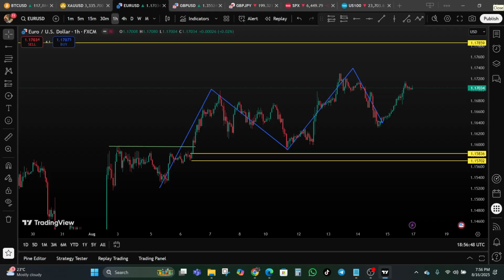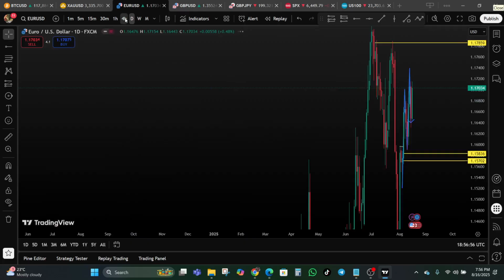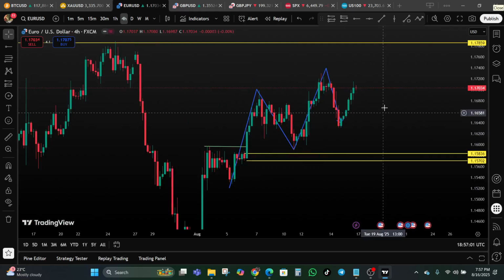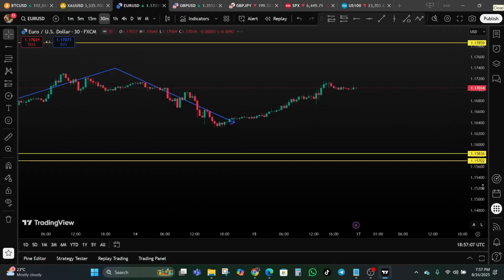Okay, you have to start by analyzing the daily and the 4-hour charts. Okay, you can actually start with the daily, or you can even start with the 4-hour charts to understand the overall market direction. Then you drop down to your intraday time frame. It could be the 15 minutes, it could be the 30 minutes.